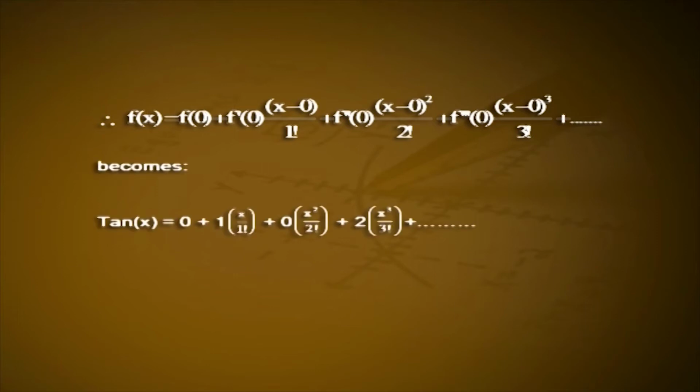This function becomes tan of x is equal to 0 plus 1 into x by 1 factorial plus 0 into x square by 2 factorial plus 2 into x cube by 3 factorial plus and so on, which simplifies to tan x is equal to x plus x cube by 3 plus twice x raised to 5 by 15 plus and so on.